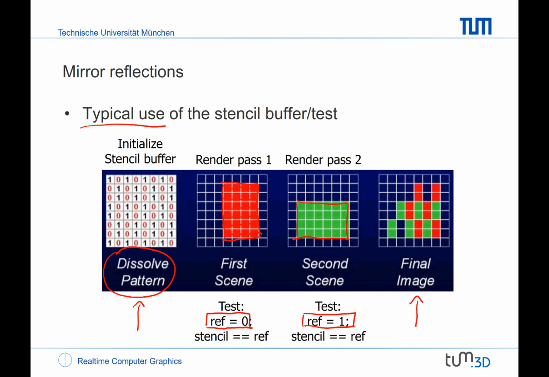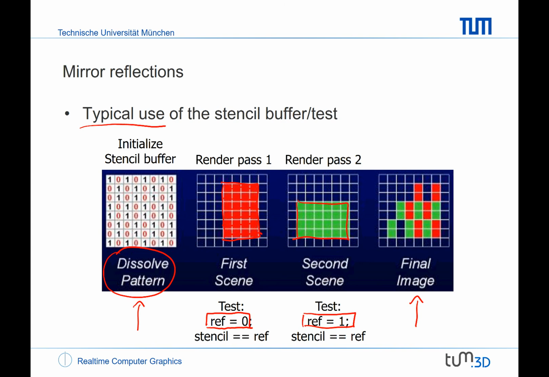You see, the red fragments have only been rendered into the color buffer where the stencil value at the corresponding location was equal to 0, and the green fragments have only been rendered where the stencil values were equal to 1. So this is a very typical application of the stencil buffer, simply to restrict drawing to certain pixels by using a so-called dissolve pattern.